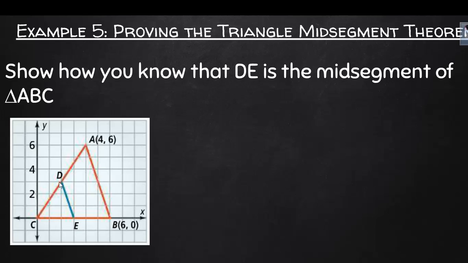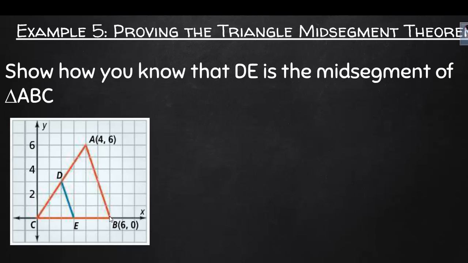If these are the midpoints, then this line here would be the midsegment of this triangle. Now, some of you may have thought, well, what if we just look to see if our lines are parallel? And yes, the lines can be parallel, by checking their slopes. But just because they're parallel doesn't mean it's a midsegment. I could draw another line with the same slope as this.